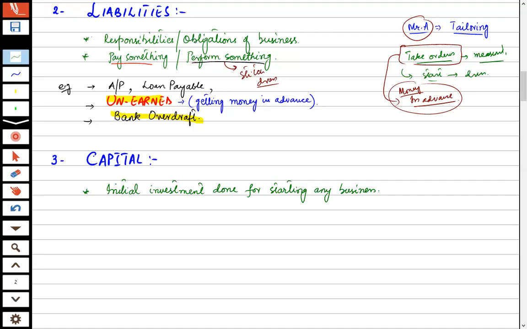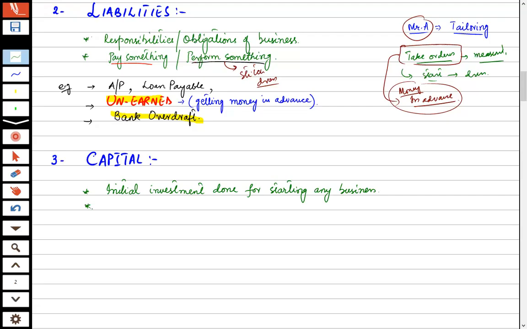Clear? Now, moving forward, the first thing that came to our mind for capital is just cash, but it is not limited to cash.